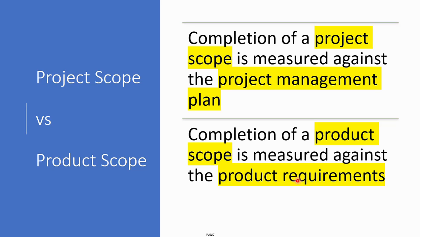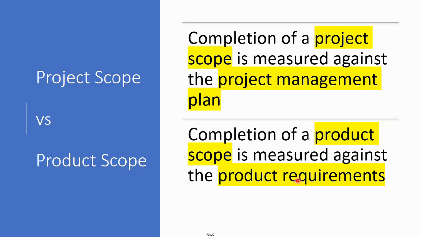Whereas the completion of the product scope is measured against the product requirements. Coming back to the previous example of creating an electric vehicle, the product scope covers whether you have completed all the necessary functions required to develop the electric vehicle.